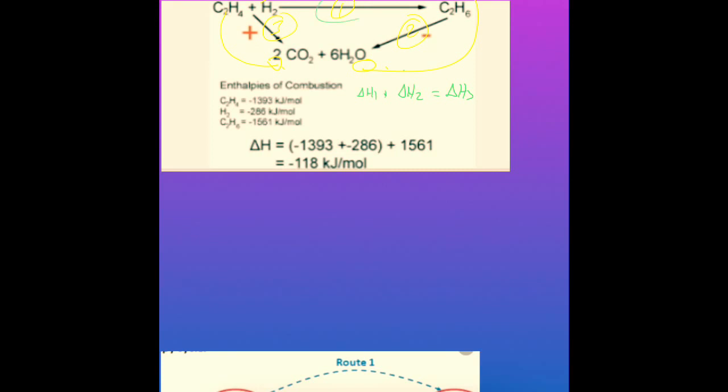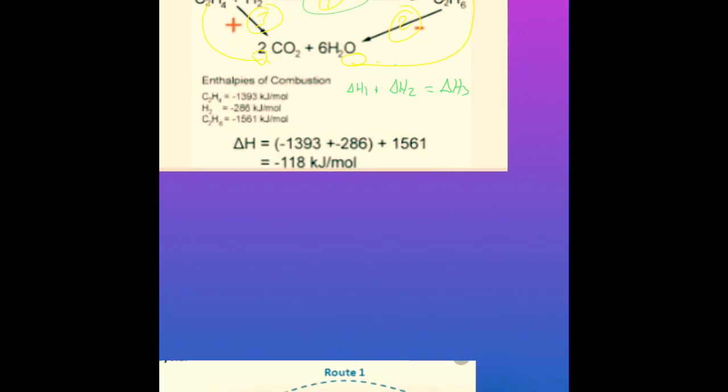We want to know delta H1, so make delta H1 the subject of that expression. Delta H1 is therefore delta H3 minus delta H2.